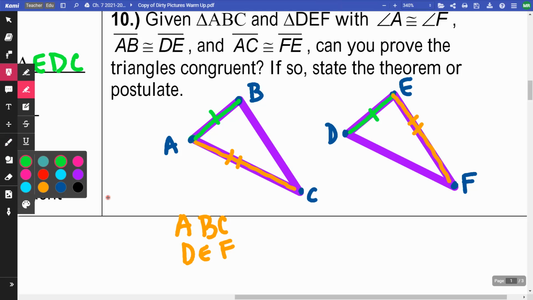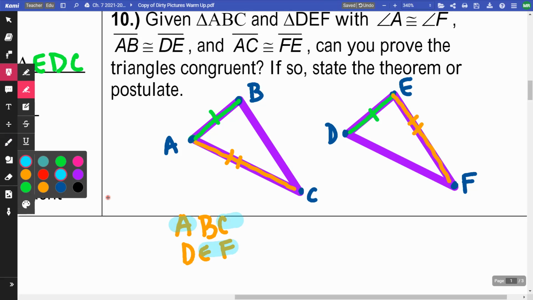So AB is congruent to DE. We also know that, and I'll do this in blue, okay? So that worked out. We know that EF is congruent to AC.